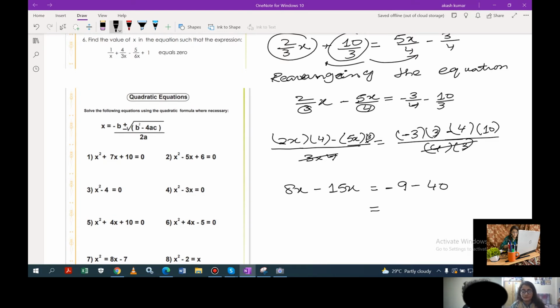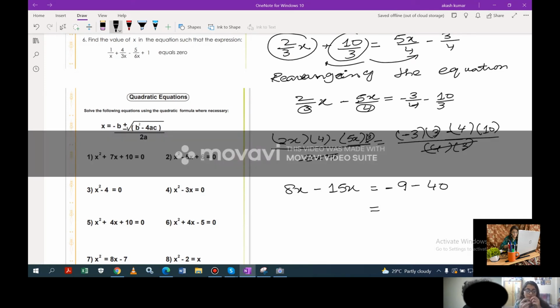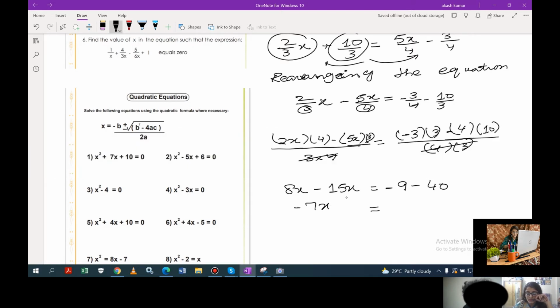Okay. So 8x minus 15x, what is it? Negative 7x. Yes, minus 7x, right? Because 15x is greater. Is it clear? Okay. So minus 9 minus 40 will be minus 49.